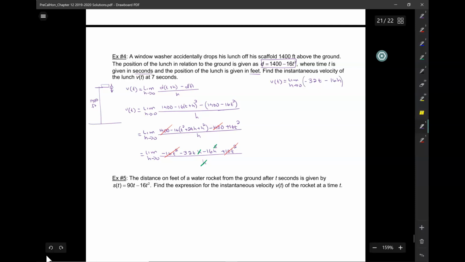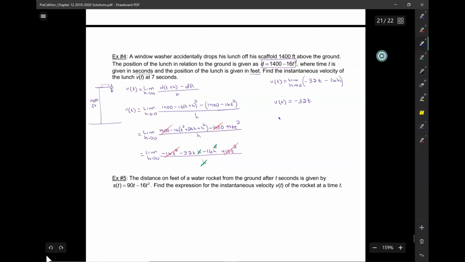Now I put in h equals 0, so v of t is negative 32t.